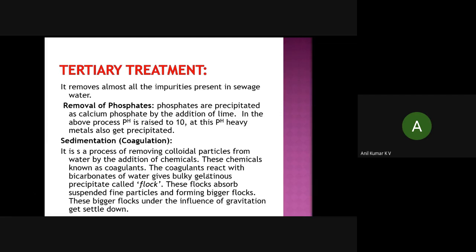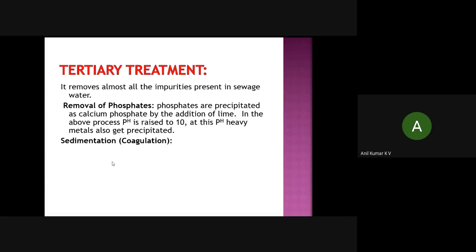Coagulants like potassium alum, bicarbonates, etc. react with water and give a bulky gelatinous precipitate called floc. These flocs absorb suspended fine particles and form bigger flocs. Finally, these bigger flocs settle down under the influence of gravitation. This is about the coagulation process.